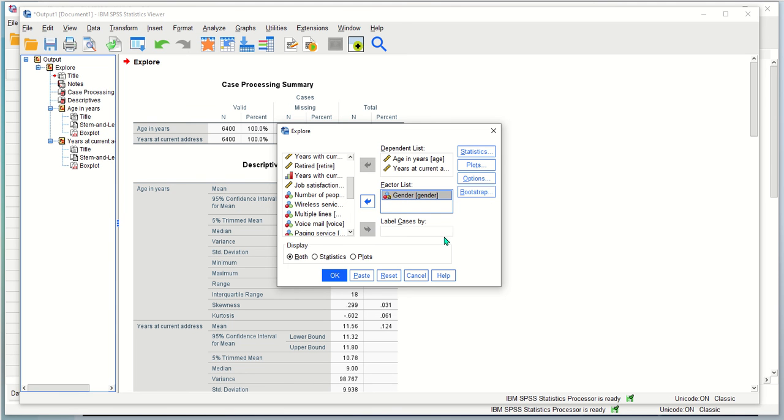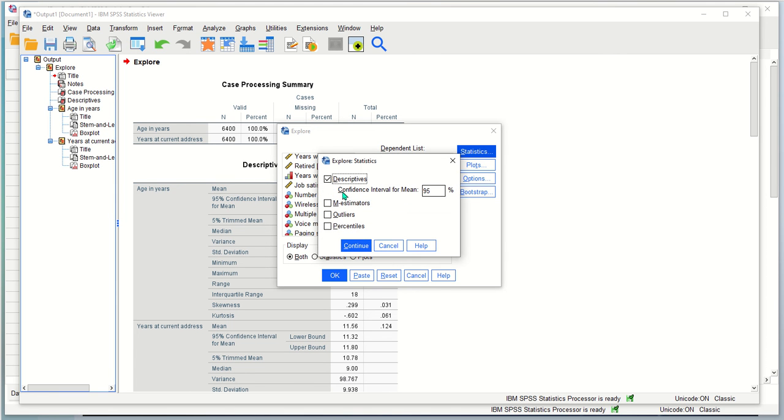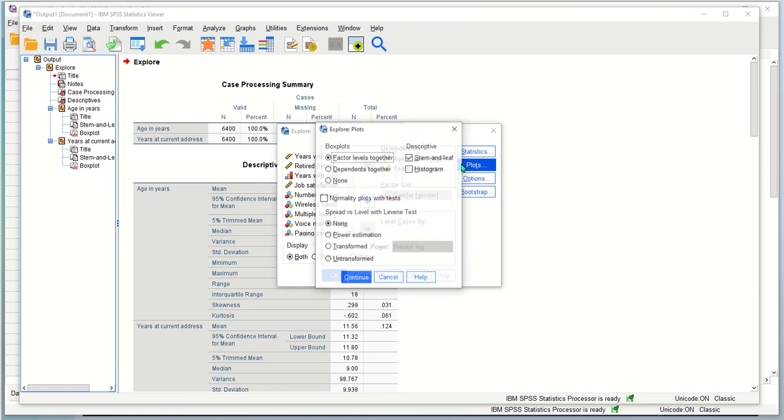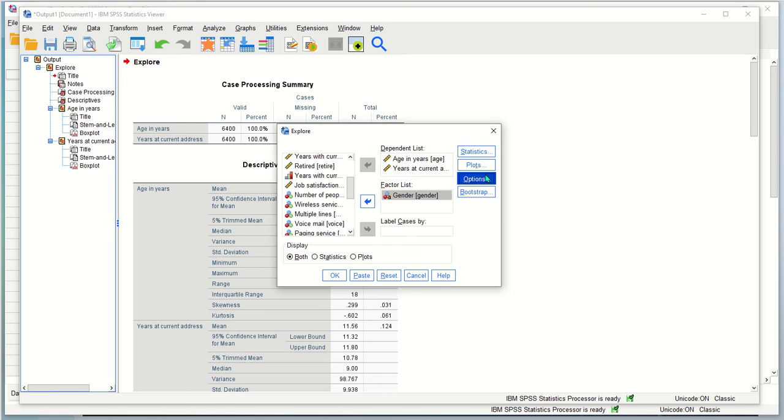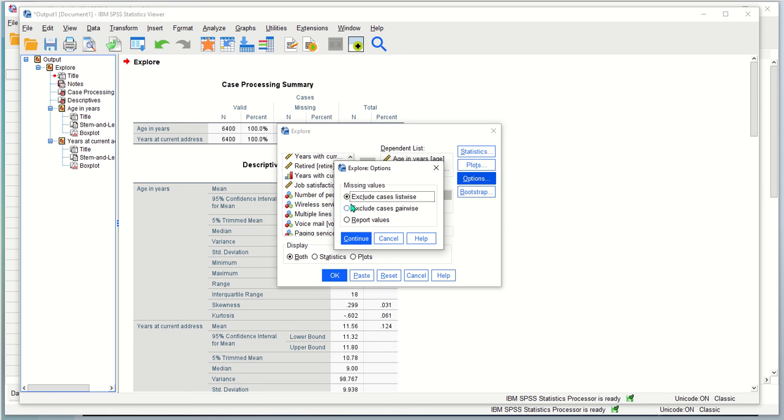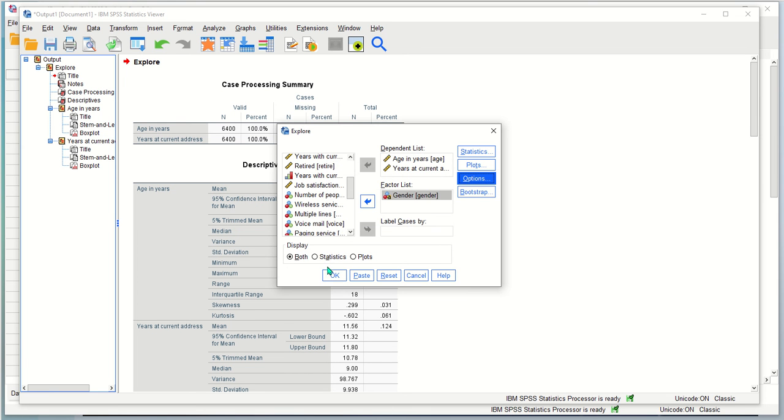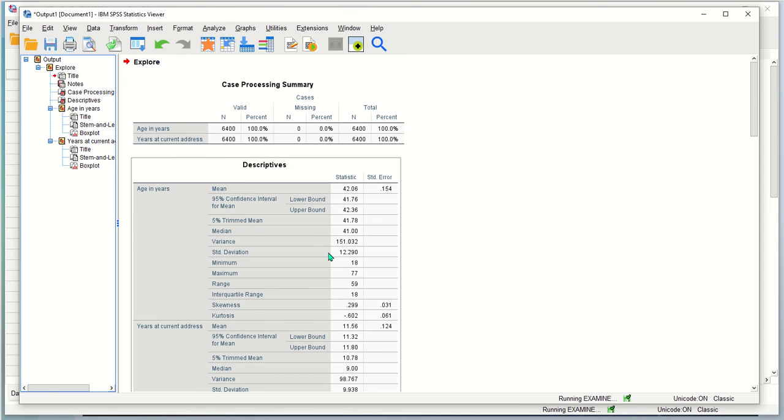And also, it's good to look at your data more closely, and you might look at it for outliers. And let's see, histogram. And let's ask for some normality plots to look even deeper into this data. Click continue. Let's see the options. This is the way it produces the data. We'll just keep that at default and click OK.